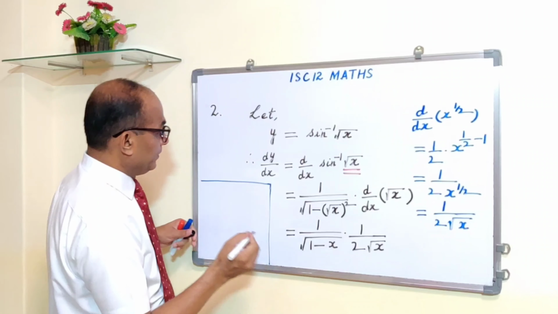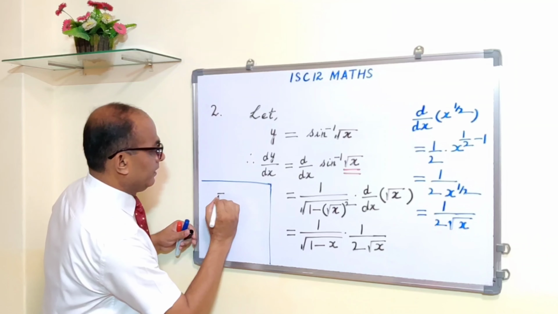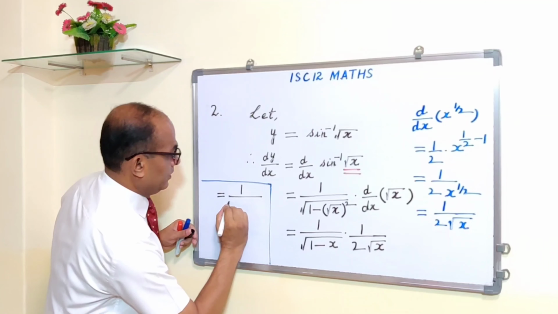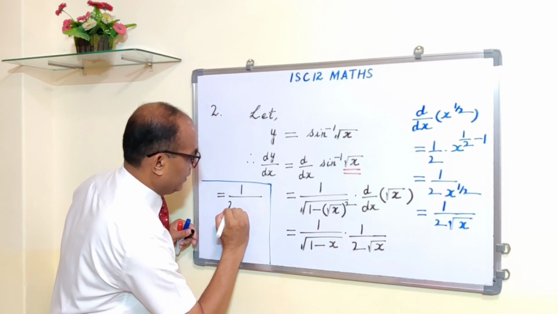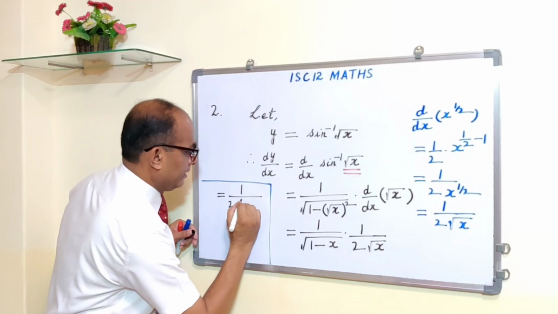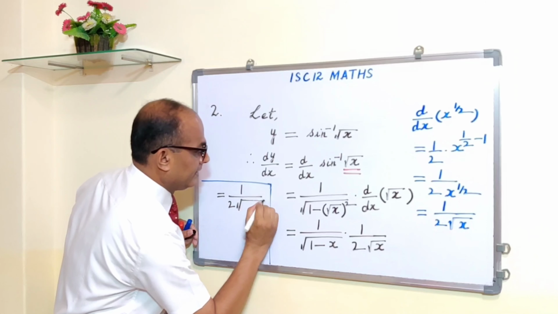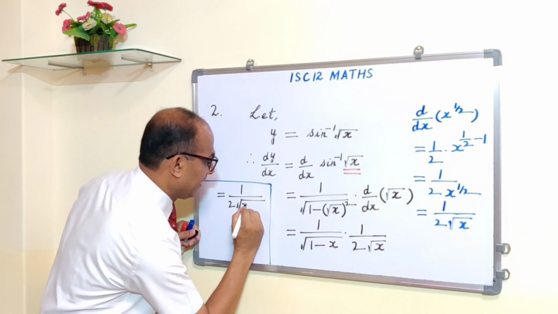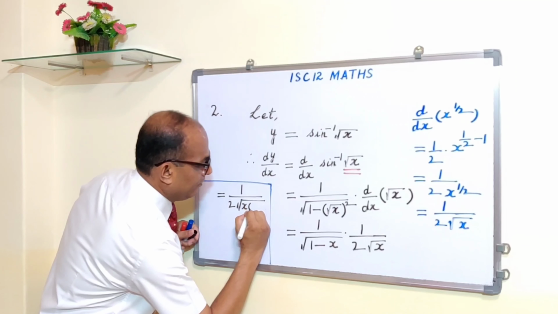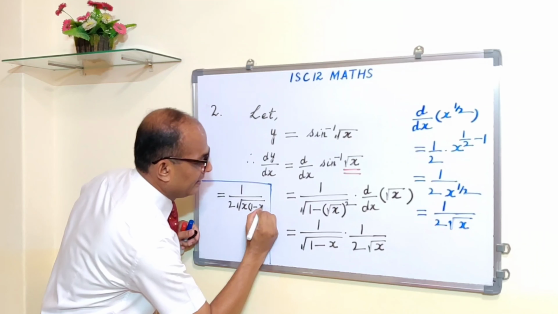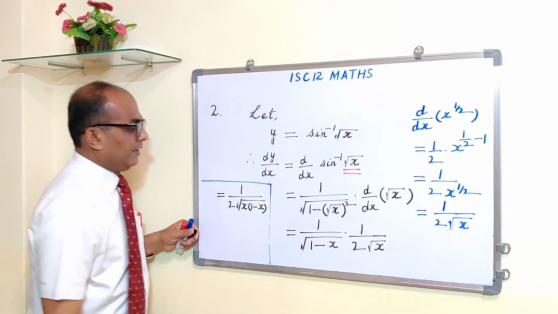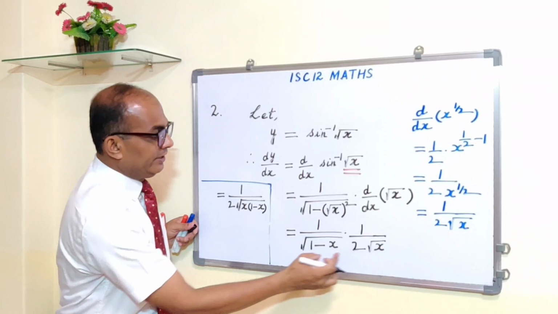1 over 2, and inside the radical sign, can I write like this, x and 1 minus x. Root x, root 1 minus x.